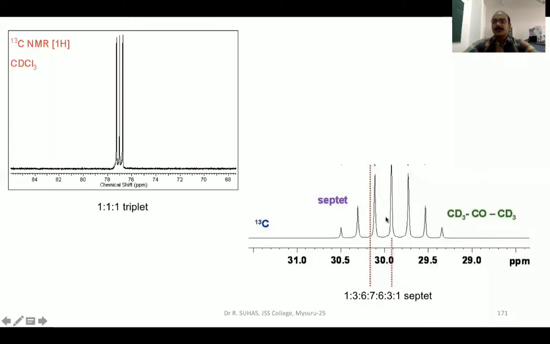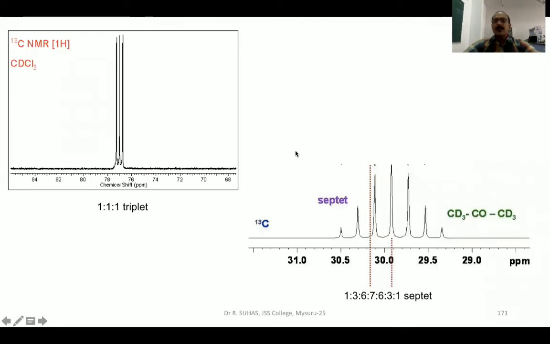So if you see a septet in any C13 NMR spectrum, you can say that it is as a result of using a deuterated acetone or deuterated dimethyl sulfoxide or any other solvent having 3 deuterium attached to carbon. That will be the result of this septet. And if there is only one, you are going to get a triplet here.